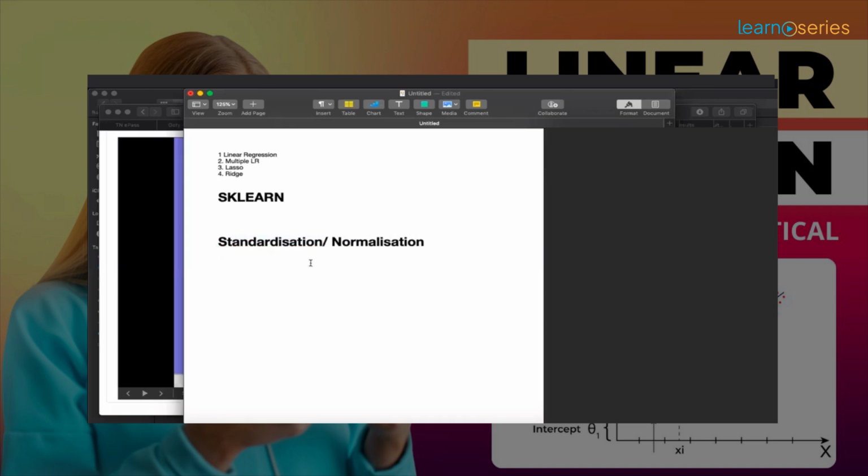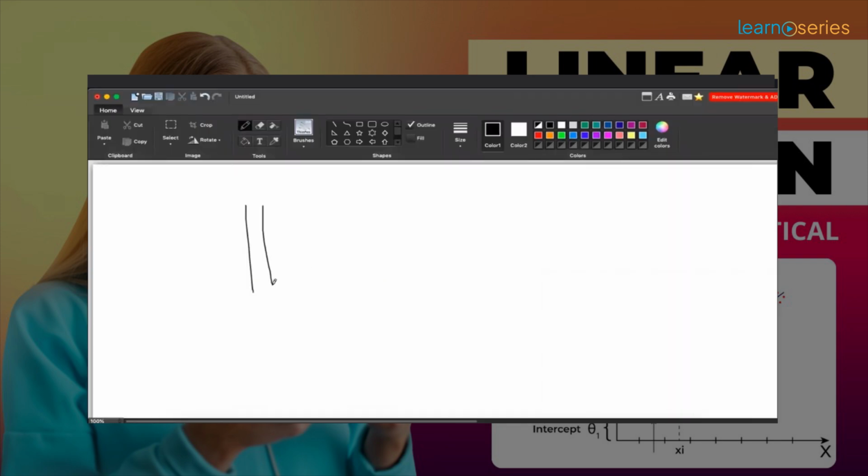Standardization is needed when you have value-distance data. Suppose there are two columns. The first column is the experience of employees, this is your X. I am assuming there is only one feature in the data set, and the other column is the target, that's the Y, and it's the salary.